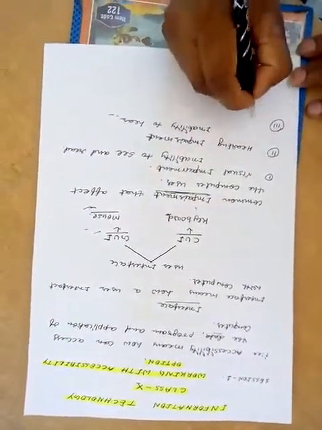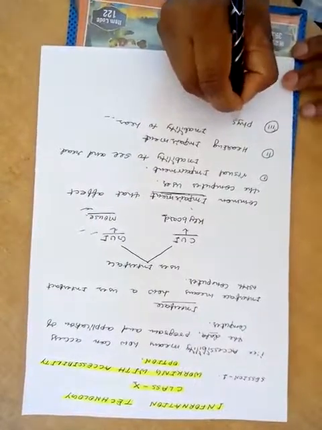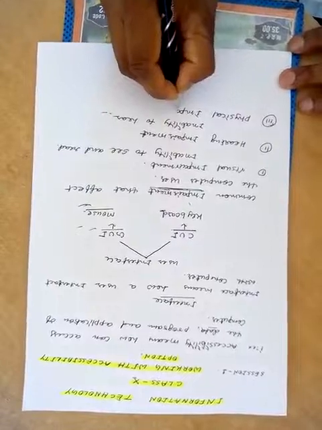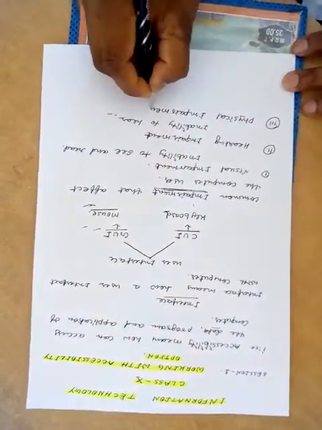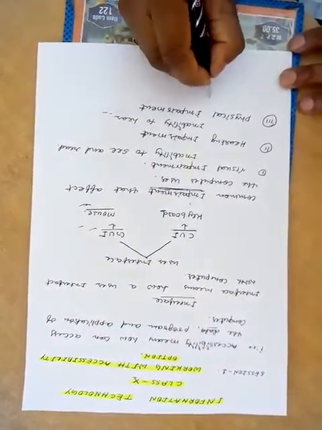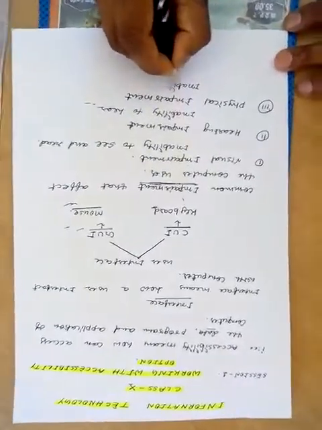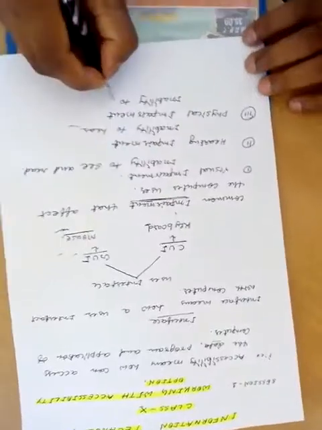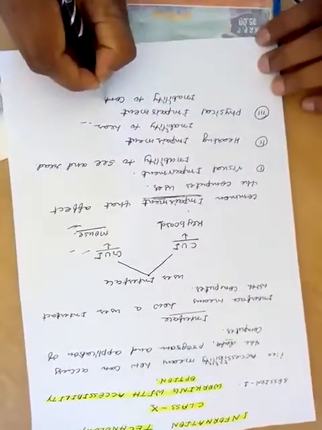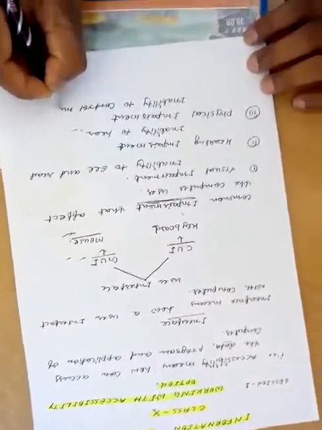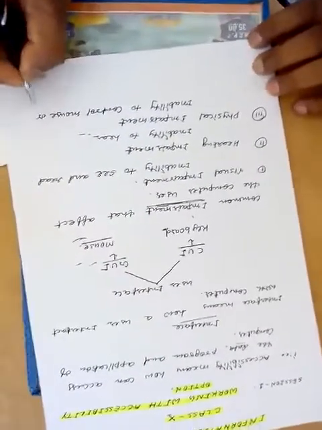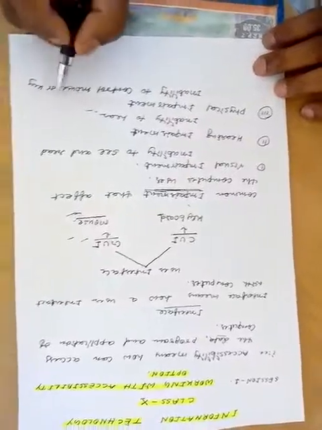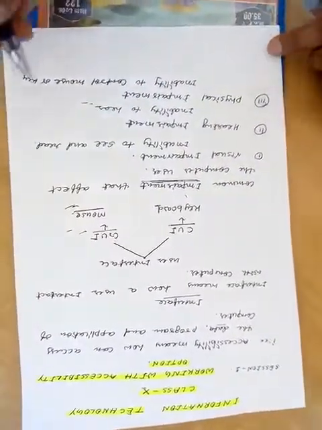Third, physical impairments. Physical impairment means inability to control the mouse or keys. There are different types of persons who are hurt.